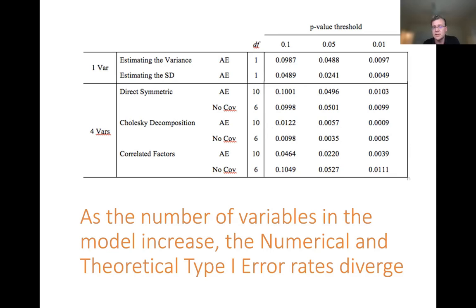So basically what this is saying is that if your threshold is 0.1, only 1% of the time is it actually going to exceed that. And that's a substantially more conservative estimate of your effect than you really want.